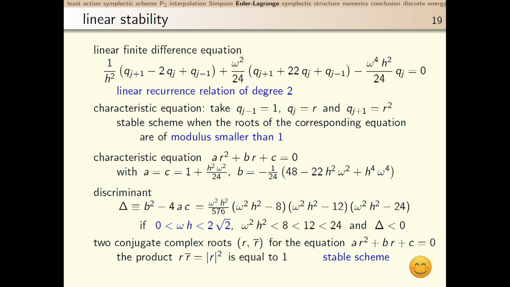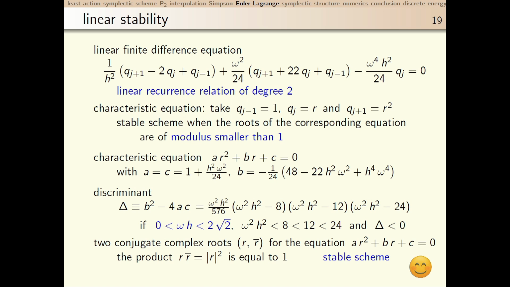It is important for the application to look at the linear stability. Therefore, you look at this equation and you write it like a recurrence relation of degree 2. Therefore, you look at the roots of this equation, considering q_{g-1} is equal to 1, q_g is equal to r, and q_{g+1} is equal to r².